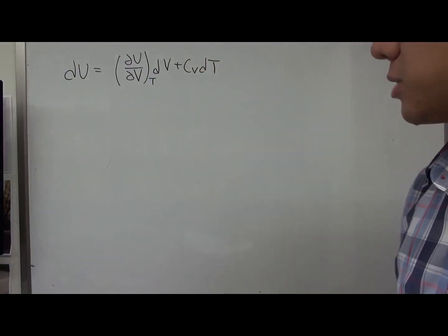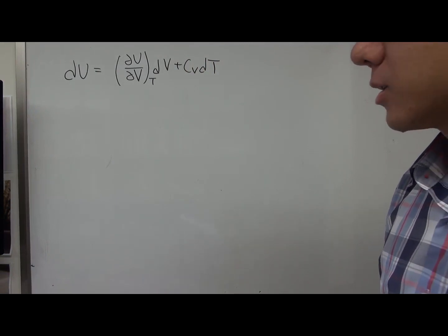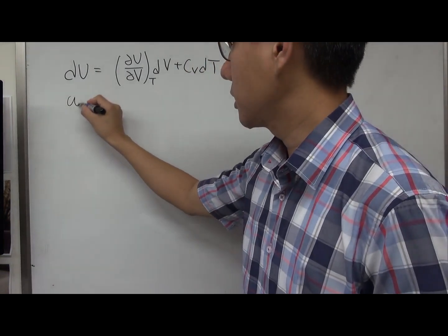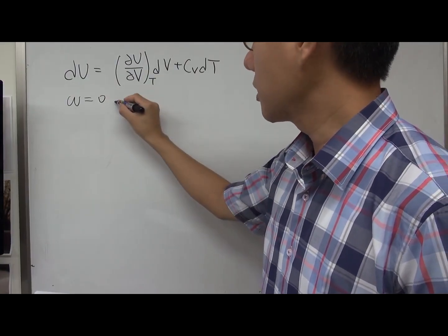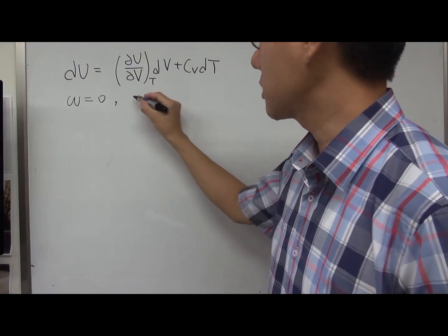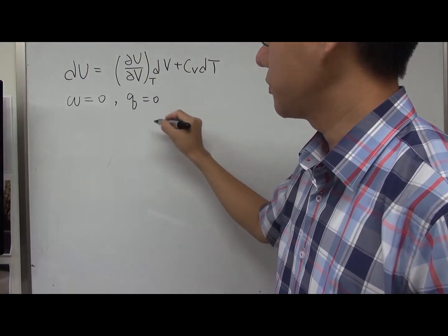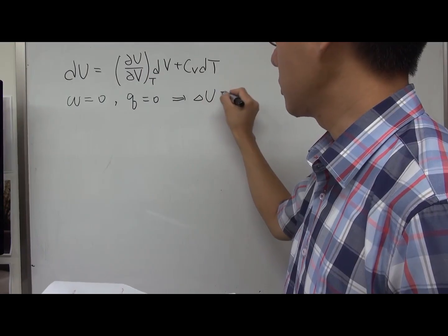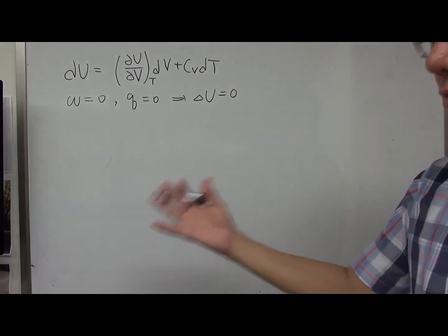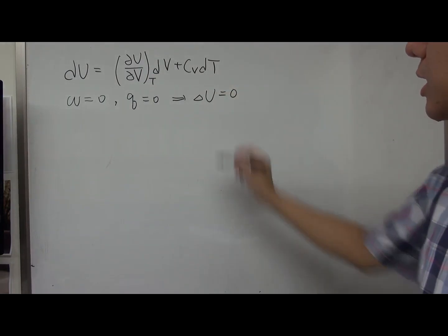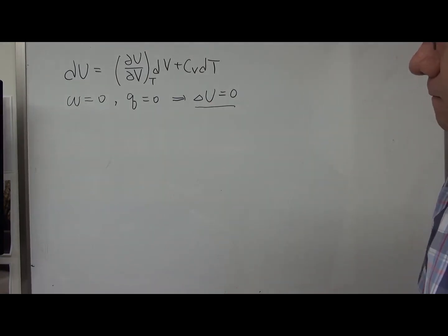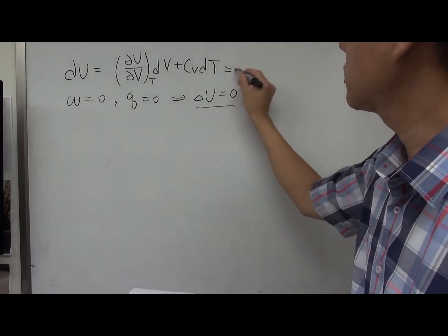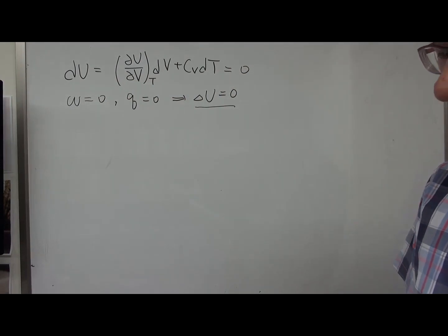And this Joule experiment. For the Joule experiment, free expansion, W is 0. The whole box is adiabatic, so Q is 0, which means that delta U is 0. So for this Joule free expansion experiment, U does not change, which means that dU is 0.